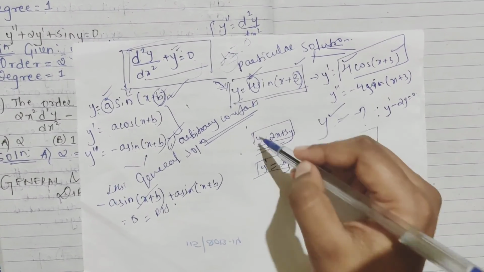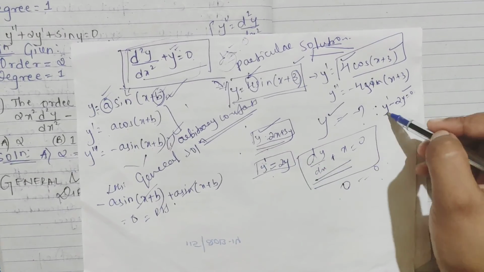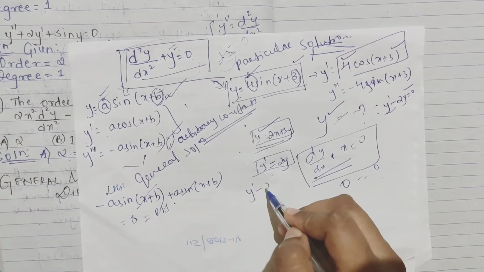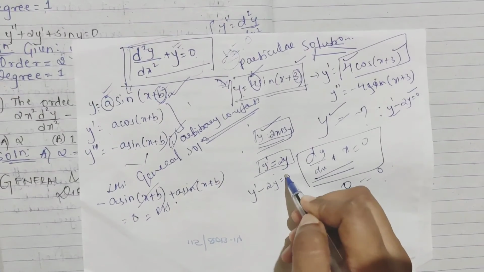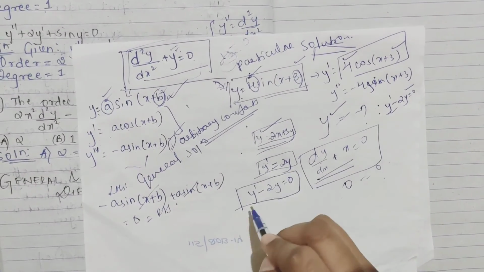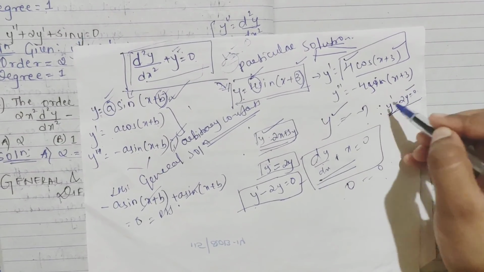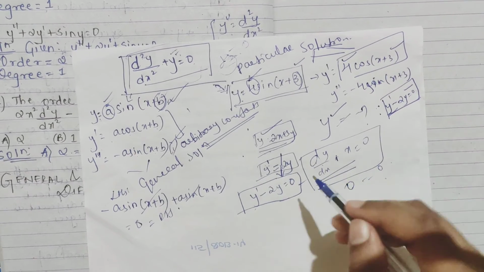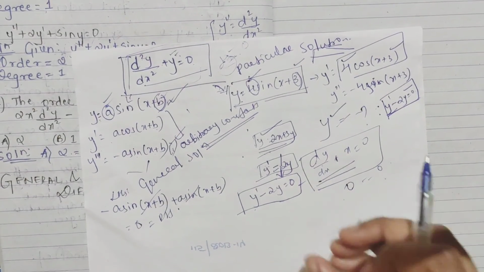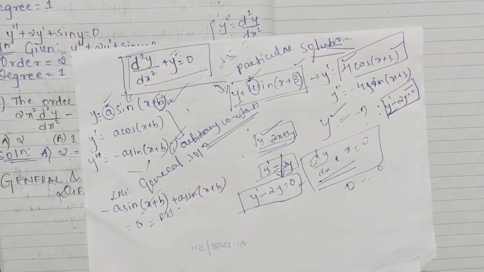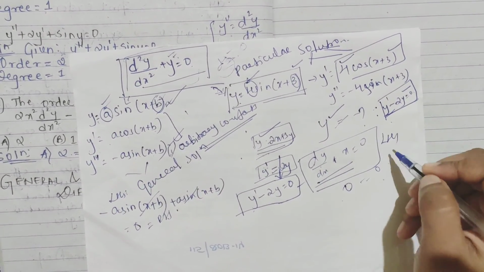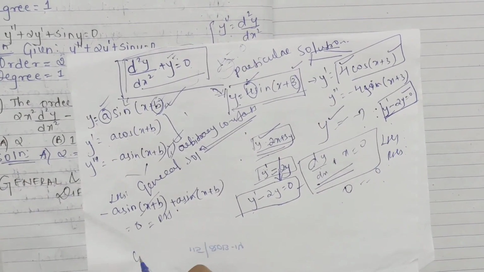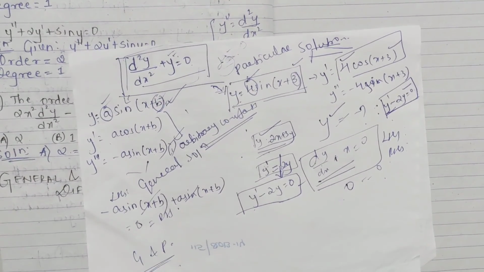Instead of substituting your y in this, y dash in this, what you can do is just take your minus 2y to the other side, and you will get 0, which means directly you have got that solution, whether it is 0 or not. So in some cases, if you want, you can write it directly here, or else again in the same LHS, RHS you can consider. So just this is the difference between your general and your particular, okay?